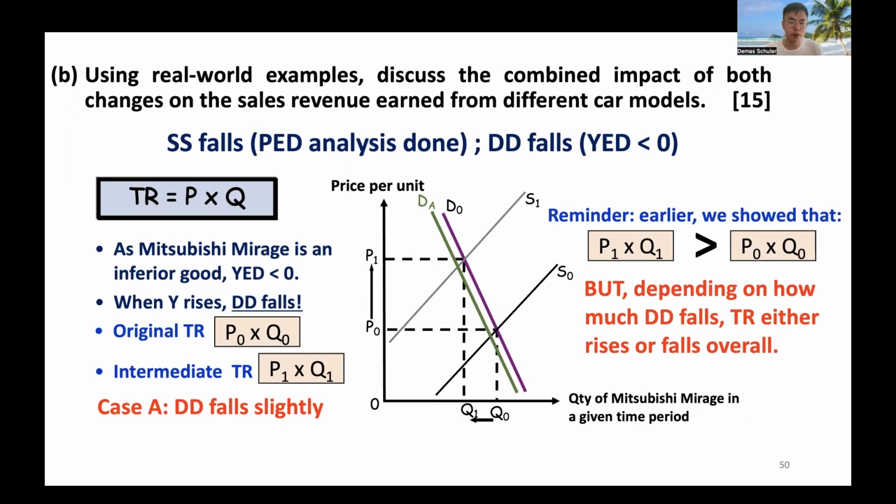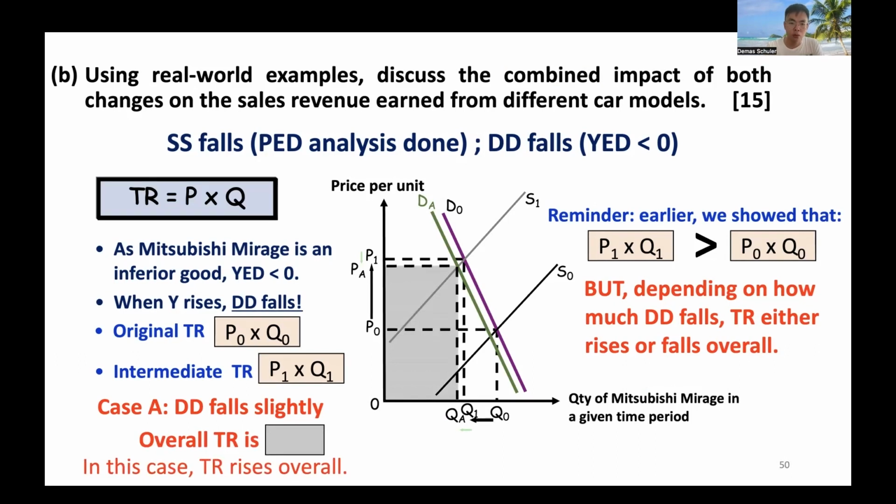It's considered an inferior product. So as you can see, overall total revenue is the region shaded in gray, and therefore total revenue would rise overall, from P0 times Q0 to the intermediate in which it rose. But overall, the region in gray is still greater than P0 times Q0.